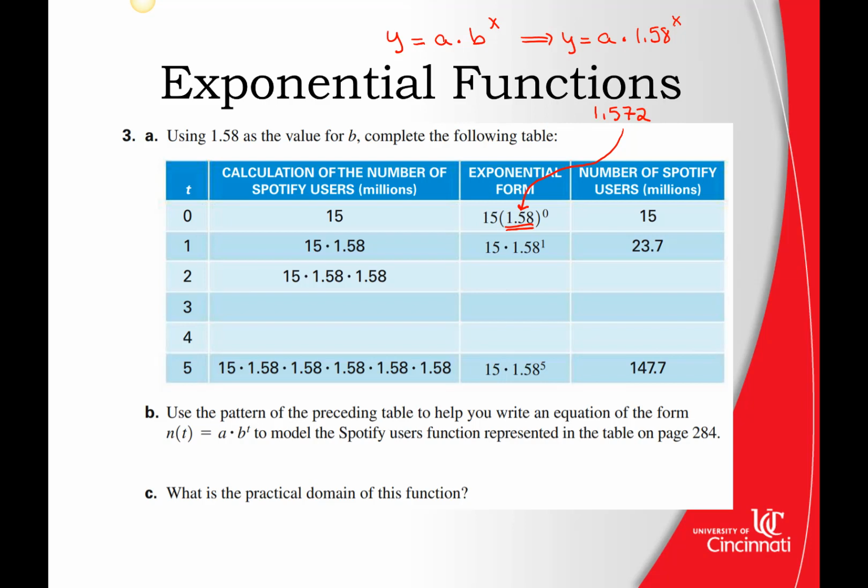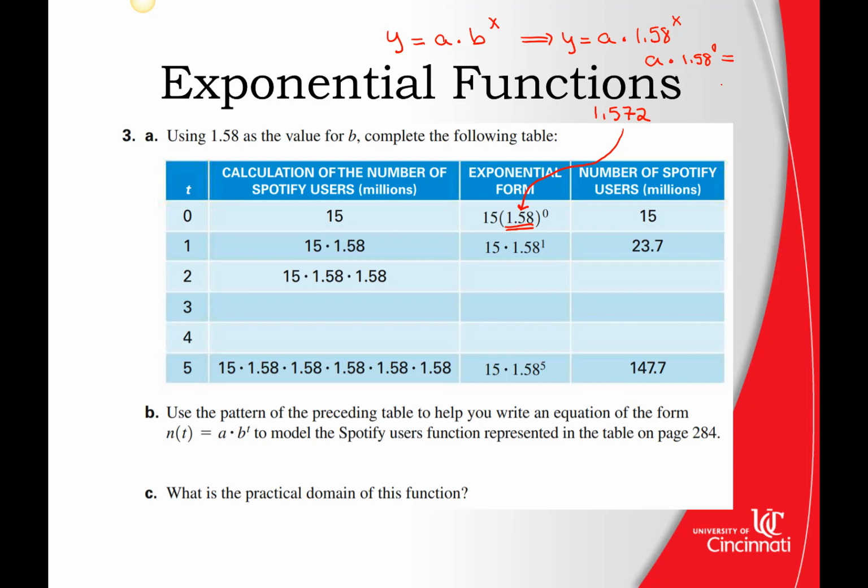If we start with x equals 0, see it? That's our 2012 data. If we start with x equals 0, we can plug that information in, and we're going to get A times 1.58 to the 0 power equals, and what number should come out when we plug 0 in?